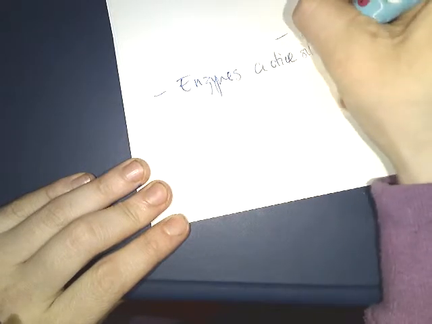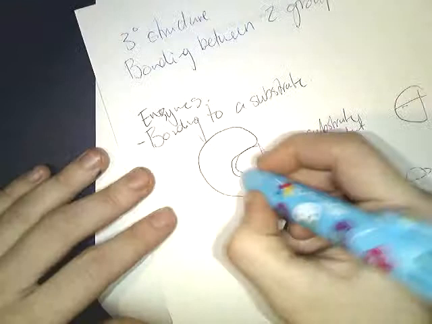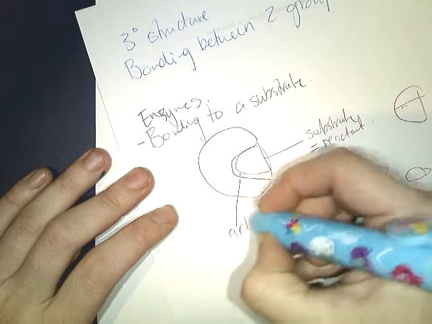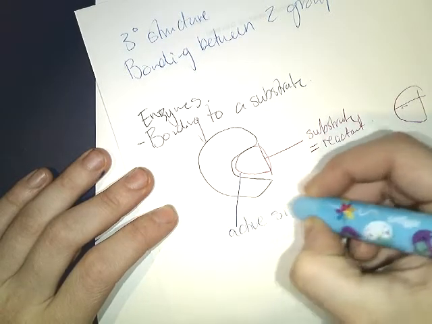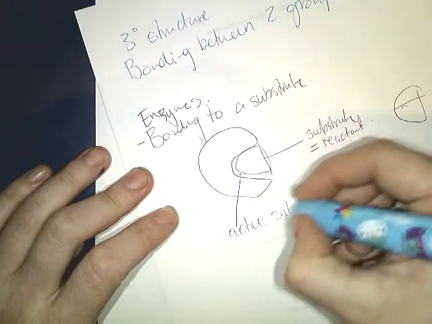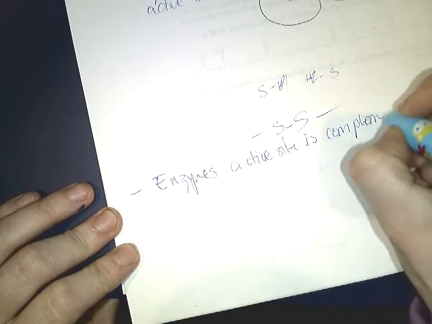So there's a few things that you can say. Enzymes have an active site, which is the site of activity, which is where the substrate bonds and where the reaction occurs. Enzyme's active site is complementary to substrate.